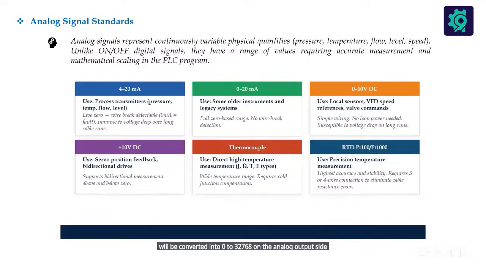Then that digital format will be converted into 4 to 20 milliamp. If you are using 4 to 20 milliamp, for example, it will be converted to a 4 to 20 milliamp current signal on the output side. So your output module is also considered a digital to analog converter. But after that, it goes to your output to make the necessary changes that need to be made.